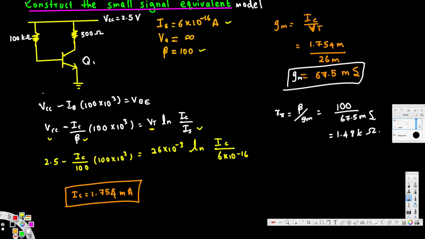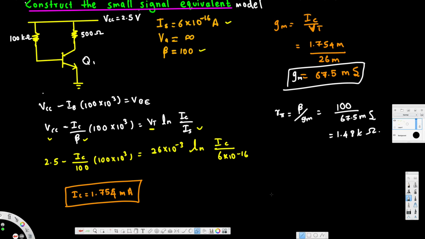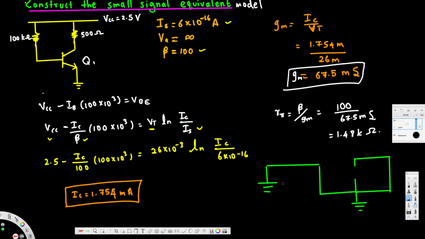The equivalent circuit model of this one is going to look like this. Let's draw it right here. Okay, that's it. Now here we will have a resistance, and also here we will have another resistance.